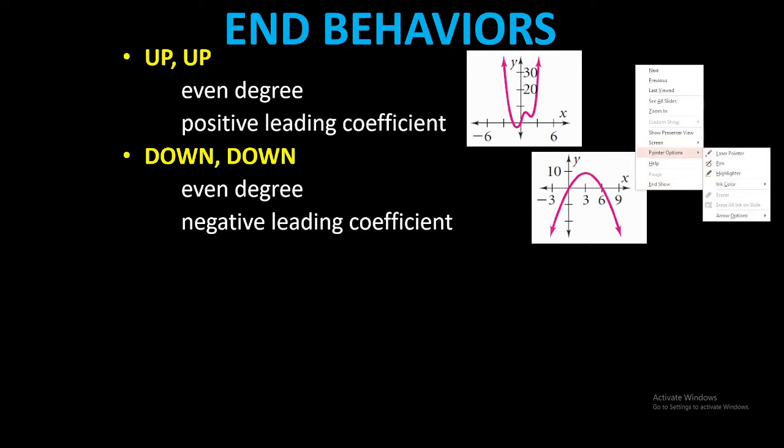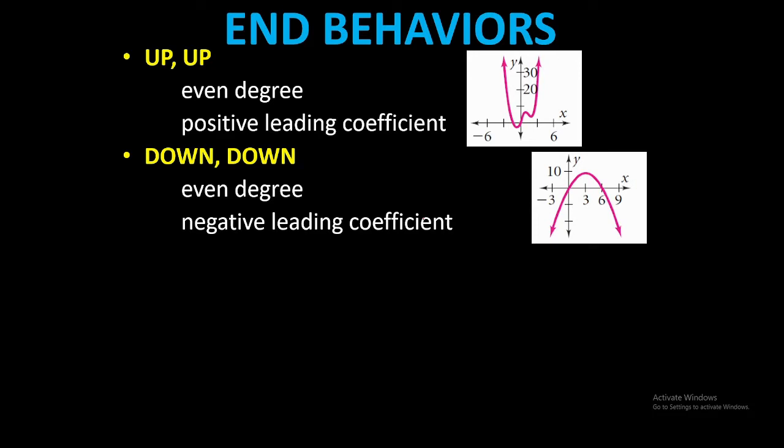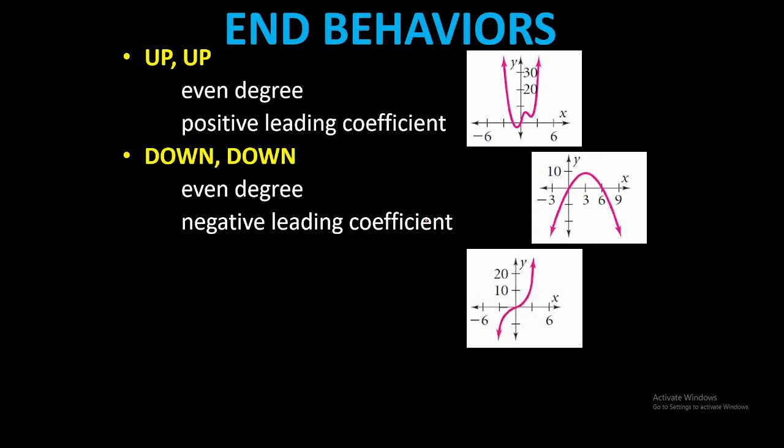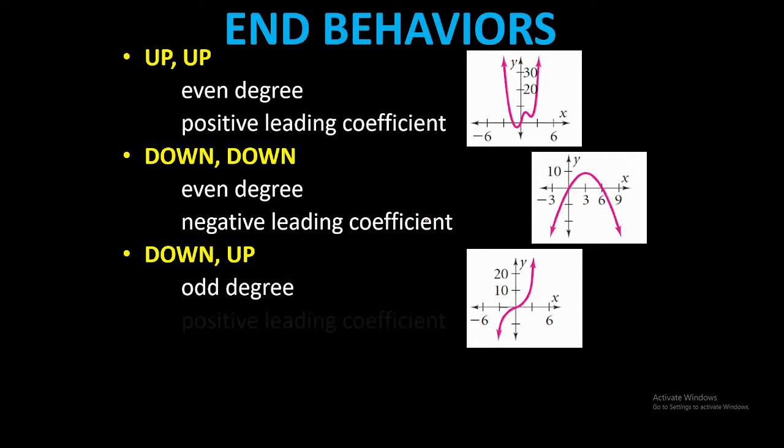Now, let's make use of a pen. Next, what about this graph? What is the end behavior of this graph? Down, up. And what is the degree? It's odd. What about the sign of the leading coefficient? It's positive.